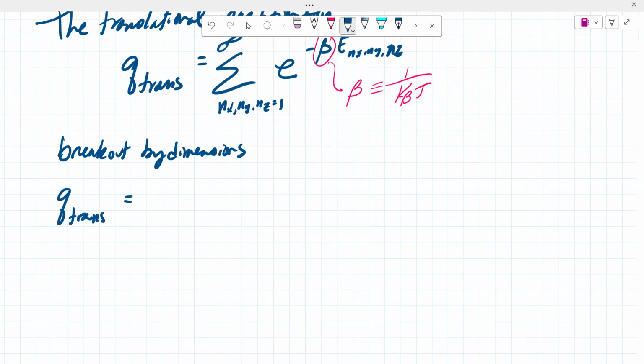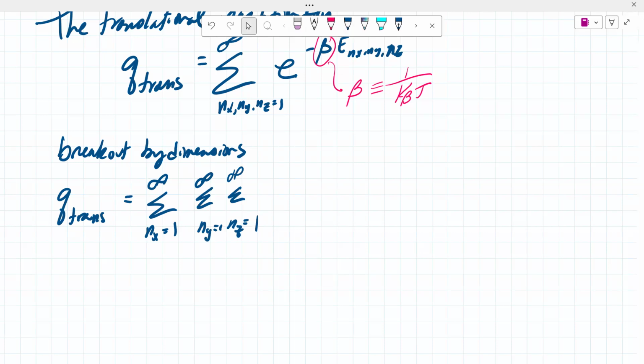Equals. In other words, you can basically separate them out. Separability sounds like, I mean, this is not exactly the same kind of problem. And then you can sum over nx equals 1 to infinity, sum over ny equals 1 to infinity, sum over nz equals 1 to infinity.